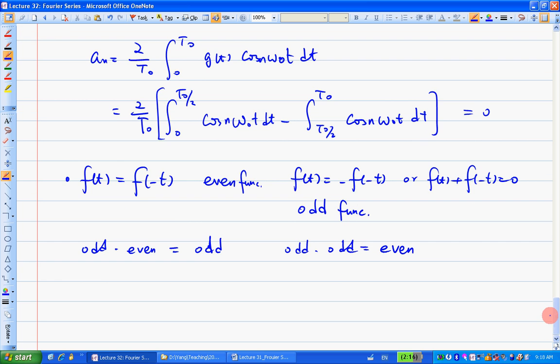And the other thing is, if f of t is odd, then the integral from negative a to a of f of t will be 0.